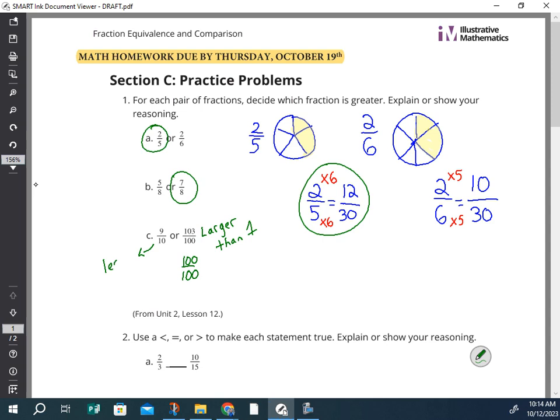It's not complete yet. If I wanted to convert that or change 9/10 into an equivalent fraction, I know that's the same as 90/100. So this one's larger.